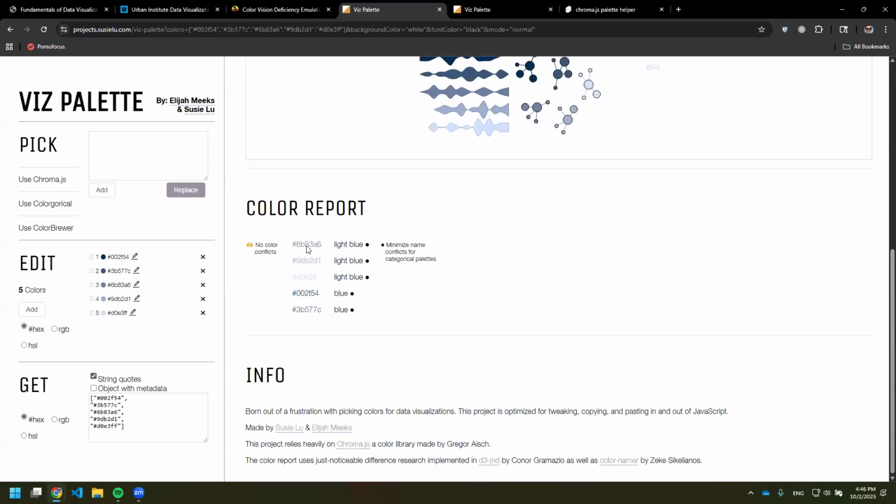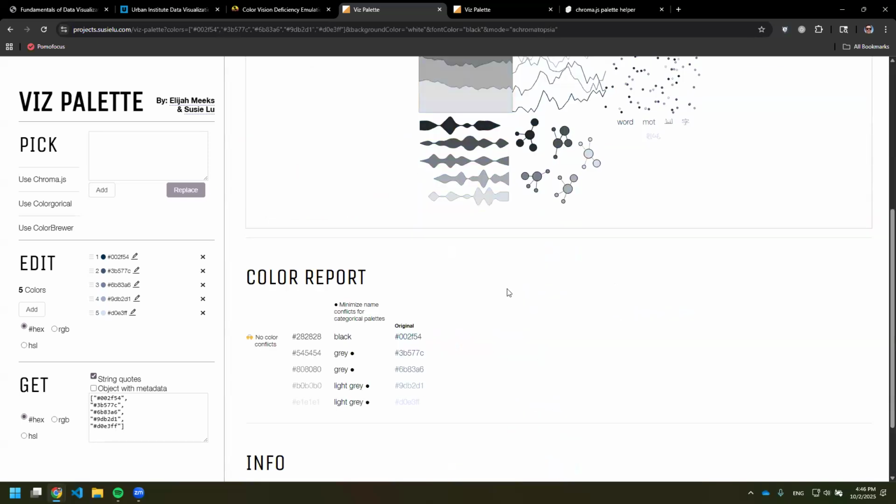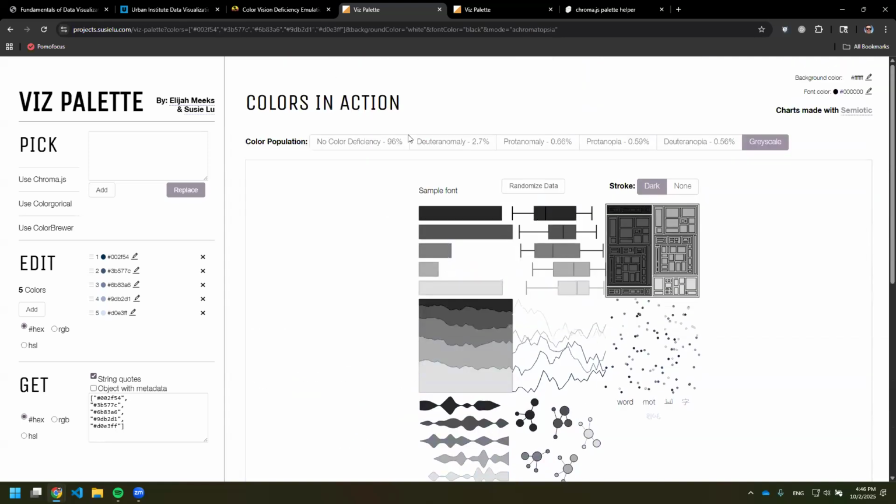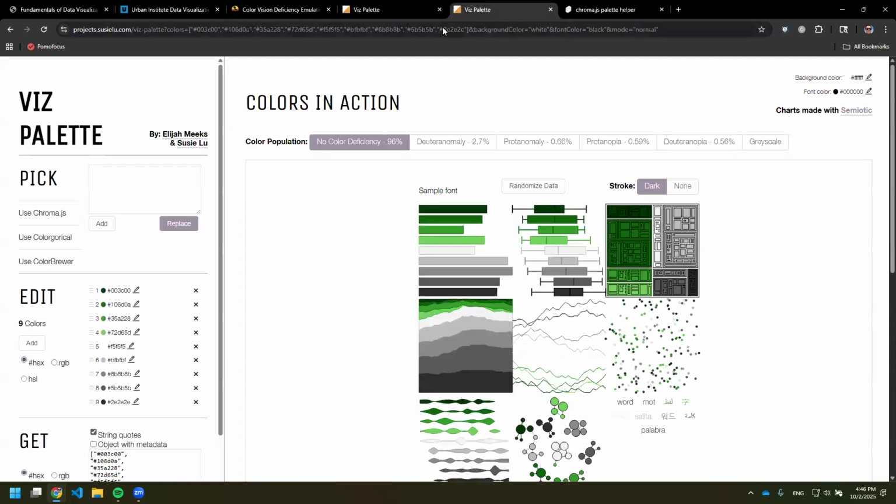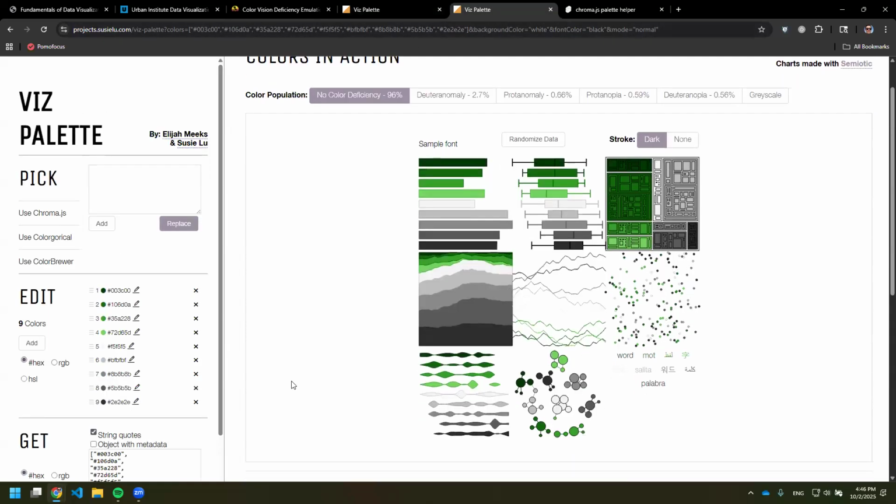Along the bottom, you'll have some comments about these colors and the extent to which they're still perceptually different. You can drop in your own hex codes. I don't know if it accepts all. Yeah, okay, it accepts hex, RGB, and HSL. I was working with hex codes. You can do the same thing with other kinds of scales. That's all that I've got.